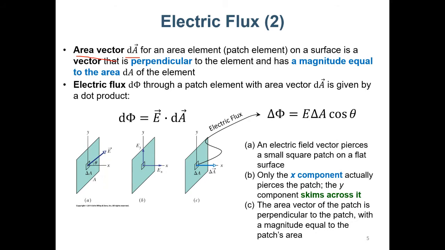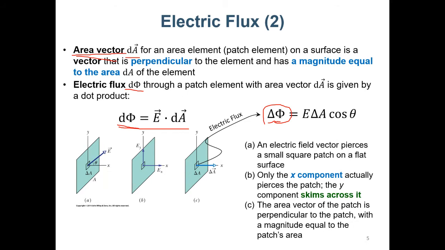Okay, so now we have talked about the area vector, and the next is the electric flux. The electric flux that goes through this area can be written like this. dφ is the E inner product with the area vector dA, or you can write it as delta φ, which is also a very small change. In calculus, we usually write it as dx, dy, dφ, something like that.